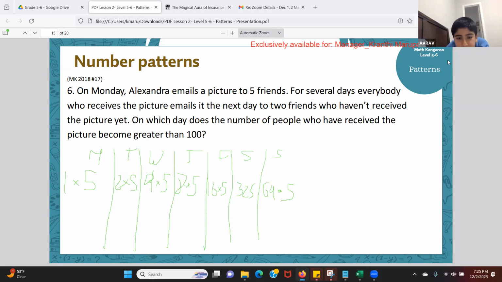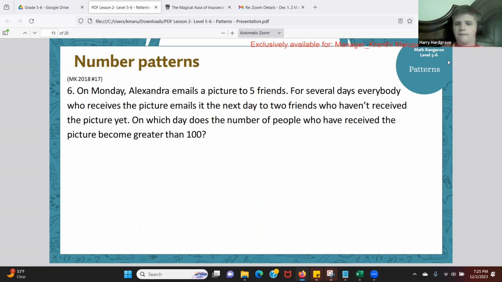Oh, hold on. I think this problem was explained incorrectly. That's why everyone's confused. The reason I think it was explained incorrectly is because we're not including the people who already received the email. So I did write an equation for this, but I'm just going to explain what it means because the equation is not 5th, 6th grade.